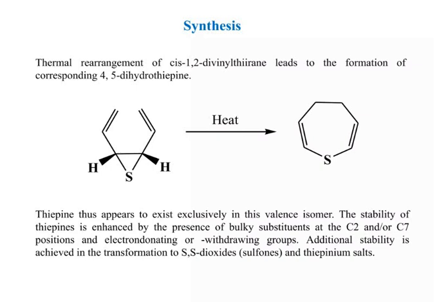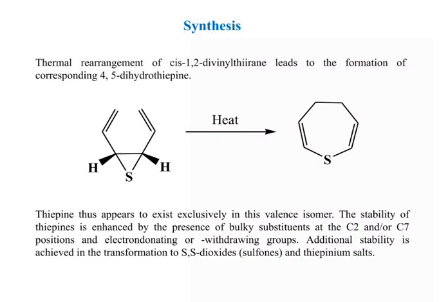Now, synthesis of thiepine. Thermal rearrangement of cis-1,2-divinylthiirane, thiirane meaning a 3-member ring, leads to the formation of the corresponding 4,5-dihydrothiepine. You know, thiepine appears to exist exclusively in its valence isomers.